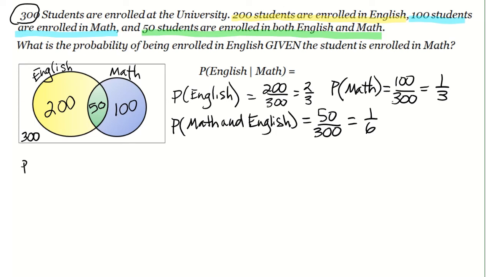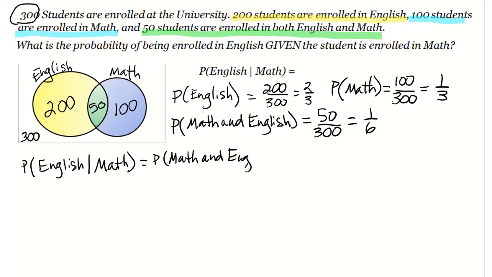If I'm looking at the formula of being enrolled in English, given that I'm already enrolled in math, that is going to be the probability of being enrolled in math and English, divided by the probability of being enrolled in math.